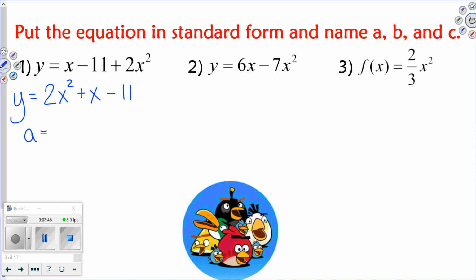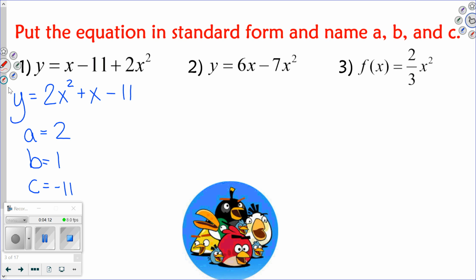Robert, what's my A value? 2. Robert, let's try again. What's my B? There you go. And C? Negative 11. Oh, he's rough today. It is. I totally get it.